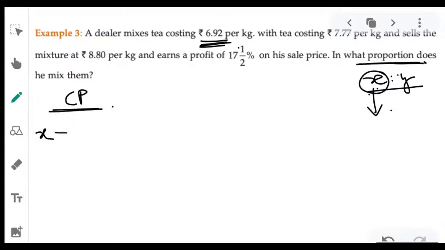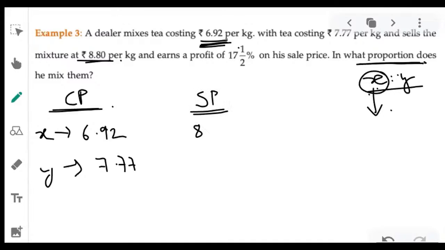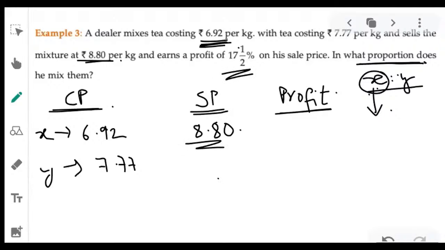For the second tea, it is 7.77 per kg. But you're selling the whole mixture at 8.80. Selling price is equal to 8.80 per kg. And my profit is 17.5% on the sale price.